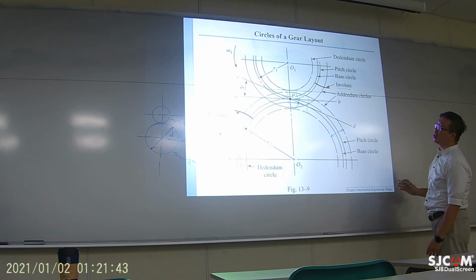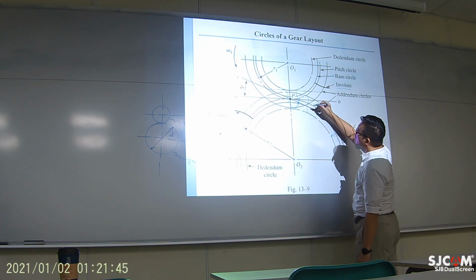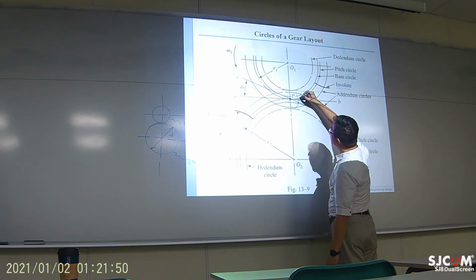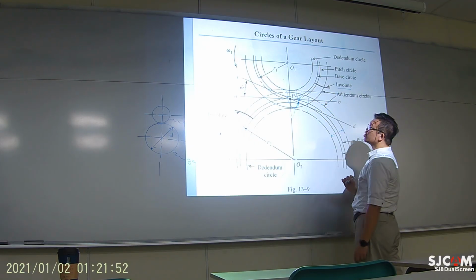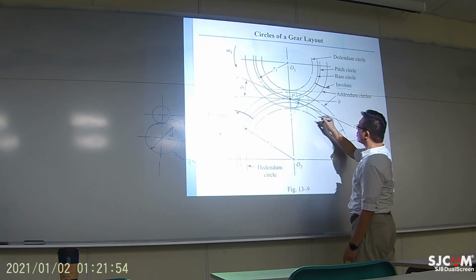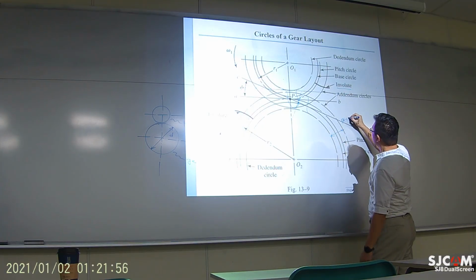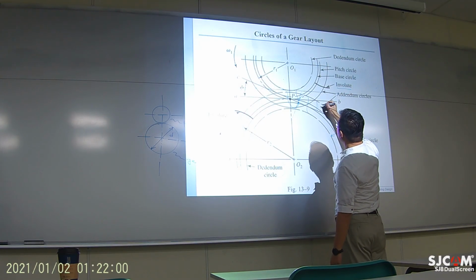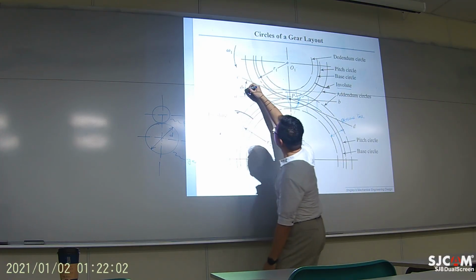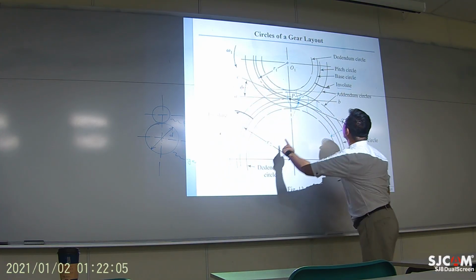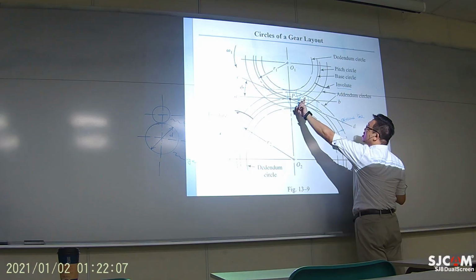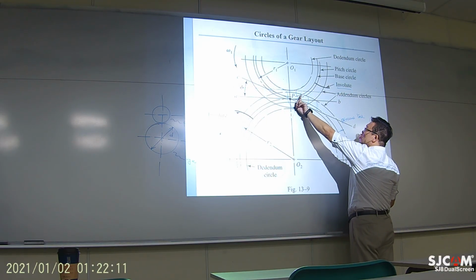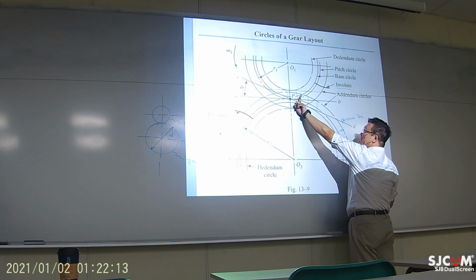Mathematically, it will always be perpendicular to the pressure line. So this is the pressure line. And you have the so-called pressure angle here. And this involute curve is supposed to be perpendicular to the pressure line all the time.